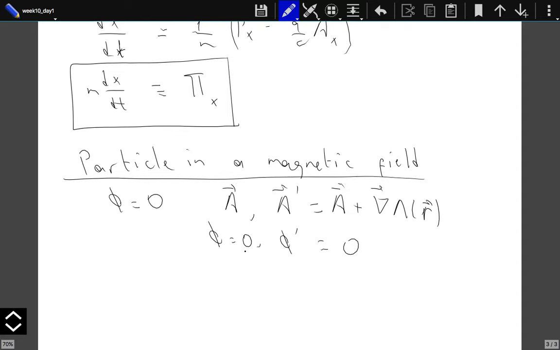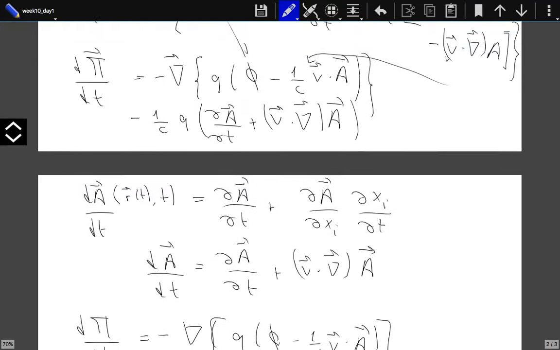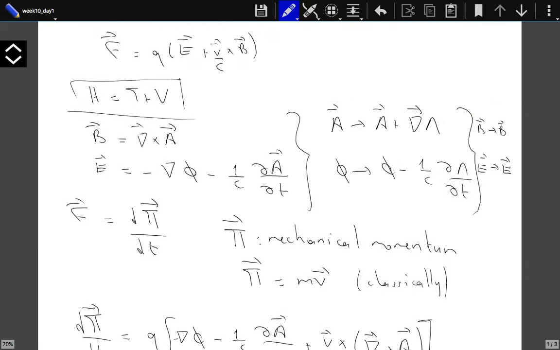So if we restrict ourselves to this gauge, now you see what we have seen over here, not what you have seen in electrodynamics courses, let's say. There are infinitely many scalar and vector potentials that you can work with that correspond to exactly the same electric and magnetic field. All of them correspond to the same fields. And classically speaking, they all correspond to the same physical system.